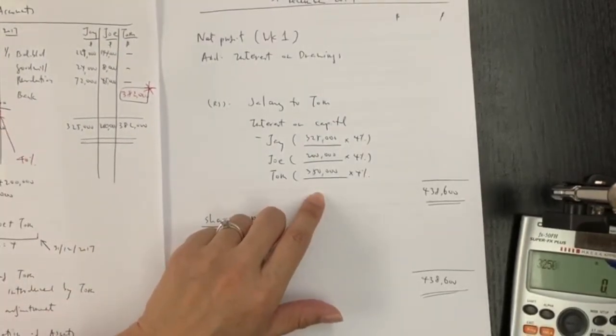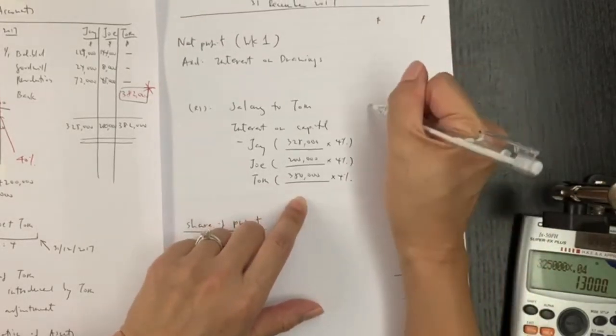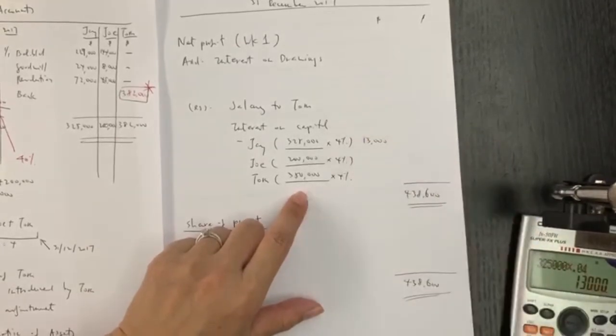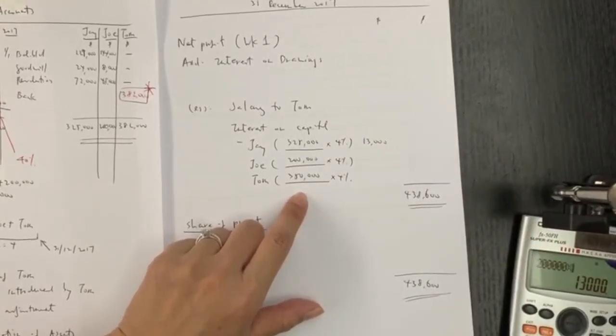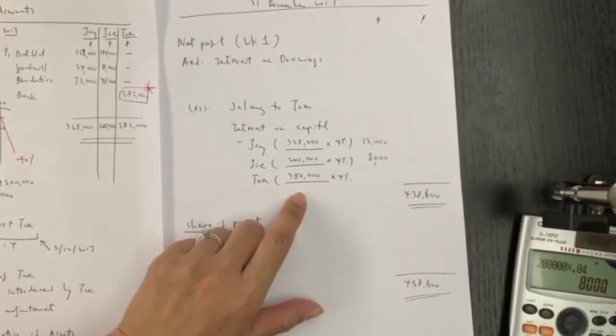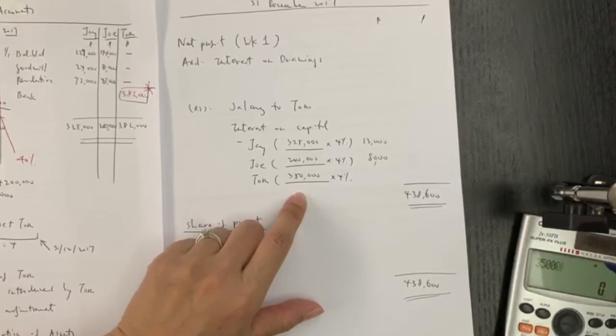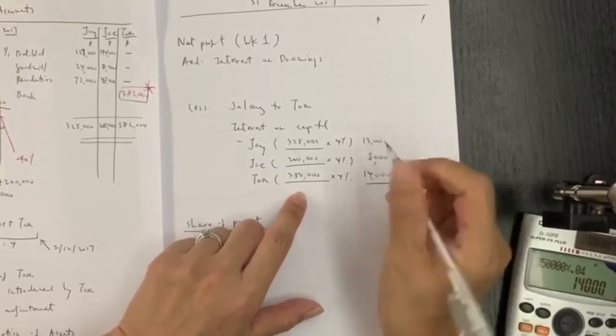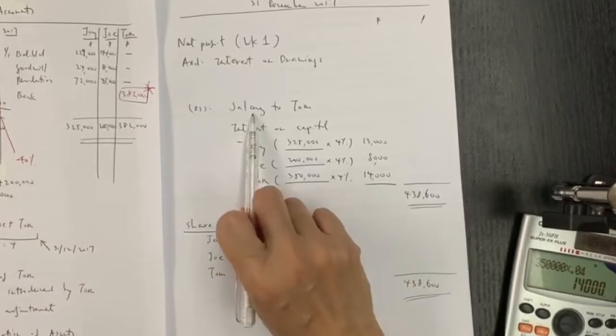So 325 times 0.04 is 13,000. Okay, so 200 times 0.04 is 8,000, and 350,000 times 0.04 is 14,000, right?